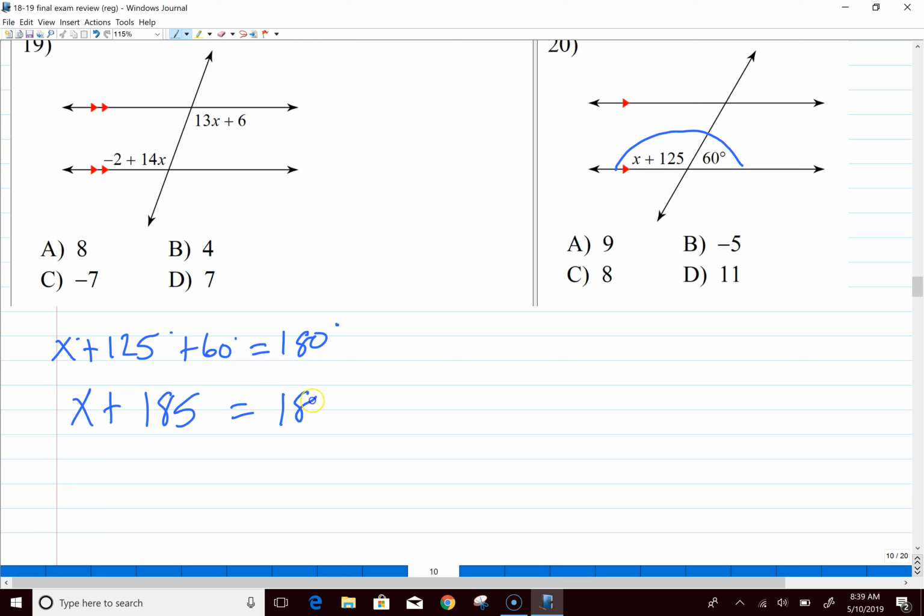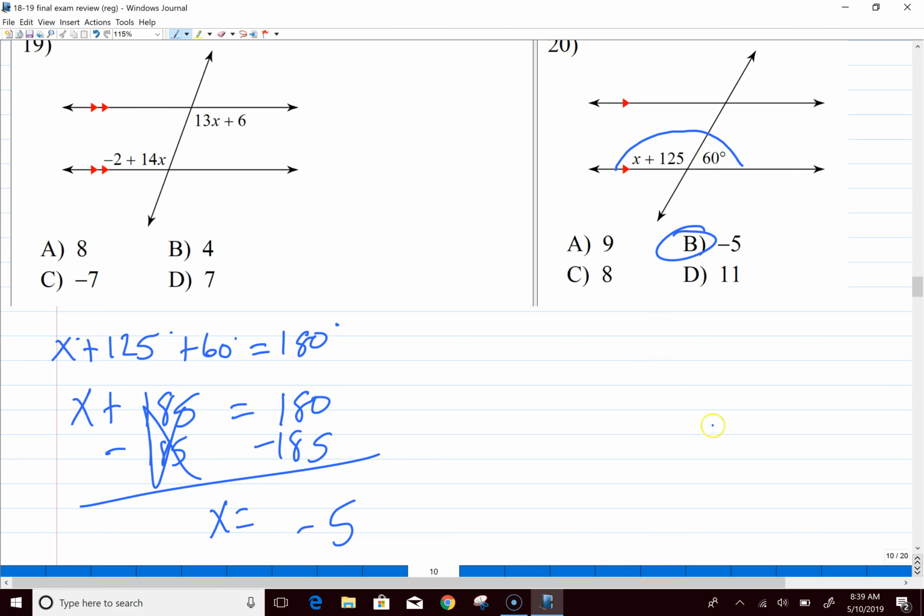Equals 180. I'm going to get the x by itself, so I'm going to move the 185. How do you move positive 185? Well, you subtract 185. 180 minus 185, that's negative 5.